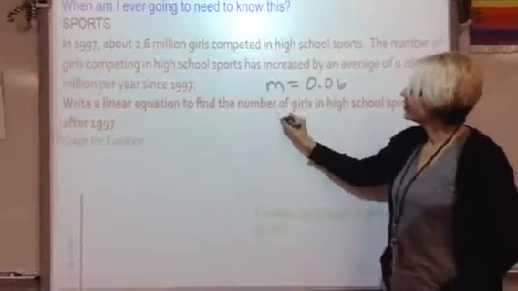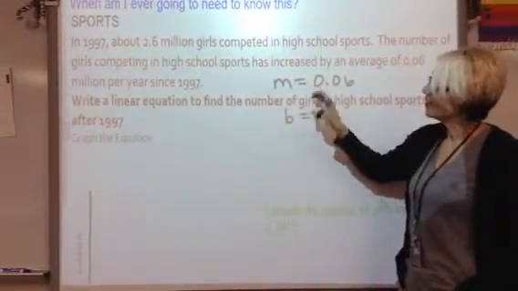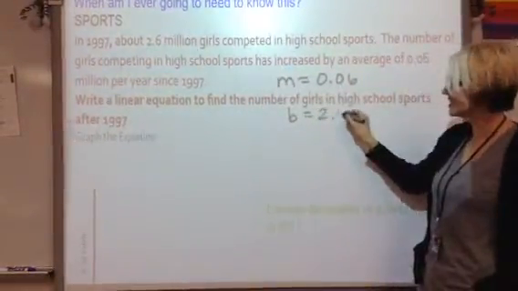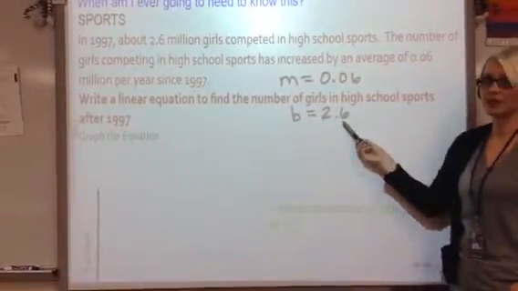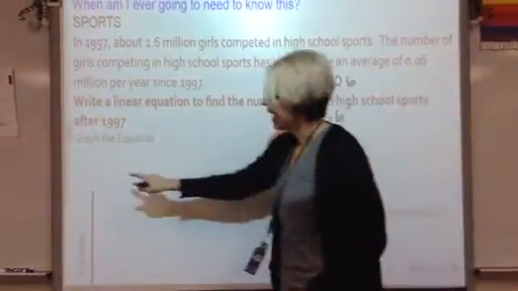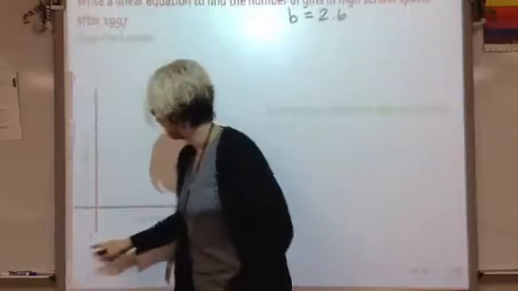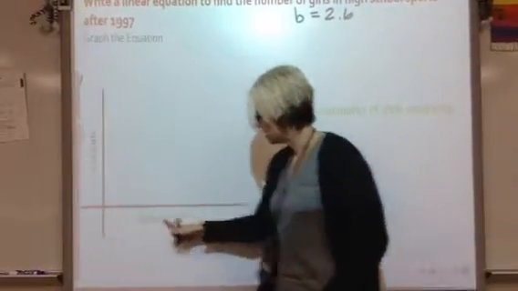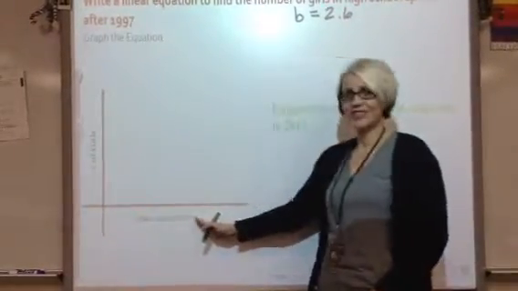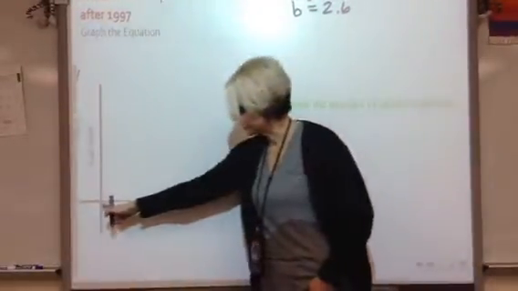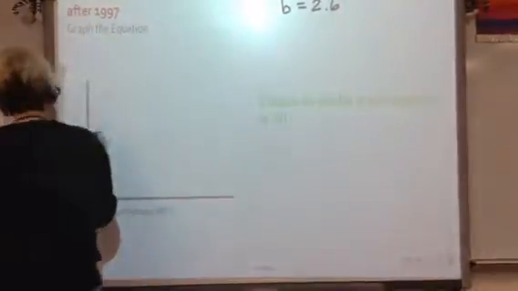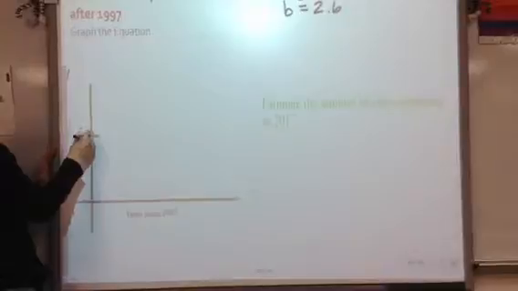And then the y-intercept, what we're going to use as the y-intercept is 2.6, because that's 2.6 million girls in the year 1997, and that's going to be the starting of our graph here in 1997. See how this axis here says years since 1997? So 1997 is here, and that's going to be right here at 2.6.